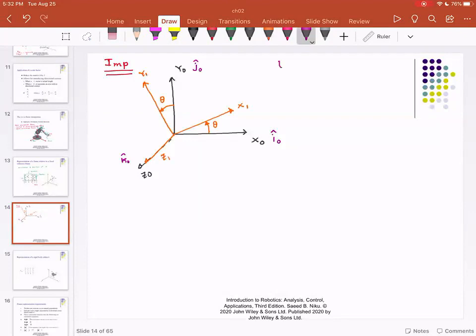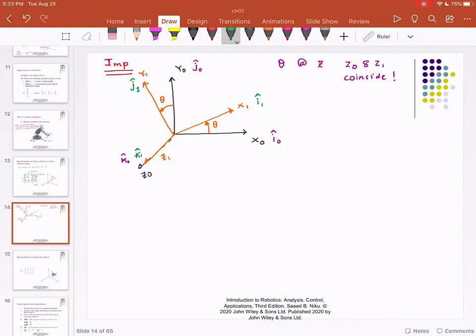So rotation theta about z. So z0 and z1 coincide. Now let me rewrite the new unit vectors i1, j1, and k1. Please note k0 and k1 are in the same direction because z0 and z1 coincide.